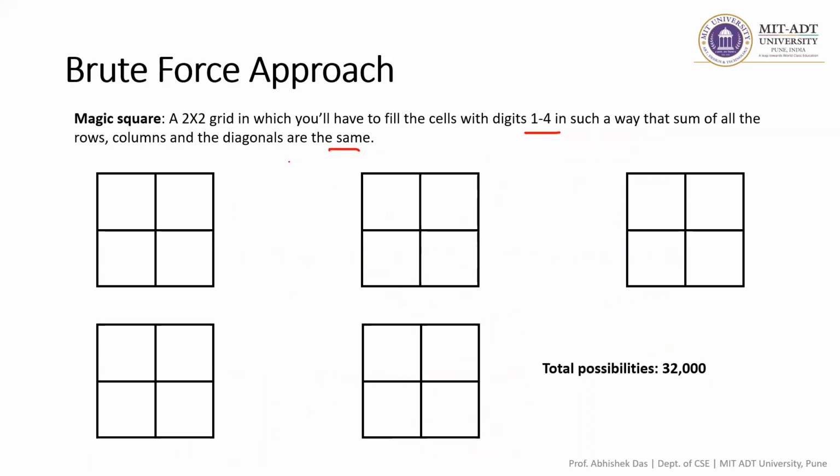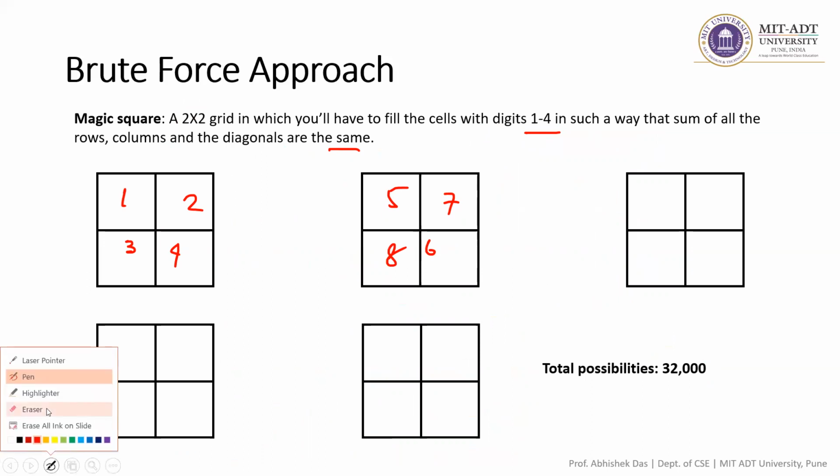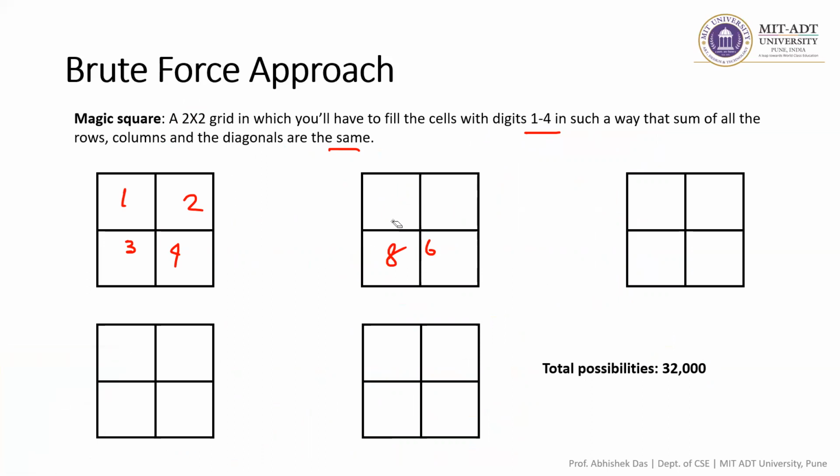So it doesn't matter which combination you take, like 1, 2, 3, 4. You cannot take 5, 6, 7, 8, so up to 4 it is said. So let's say you take 4, then 3, then 2, then 1, right?